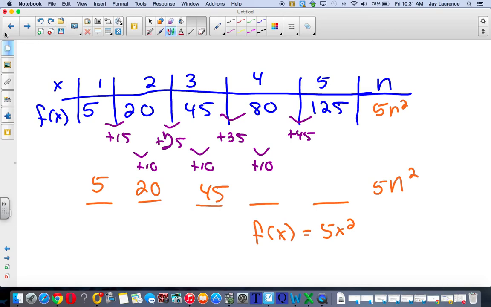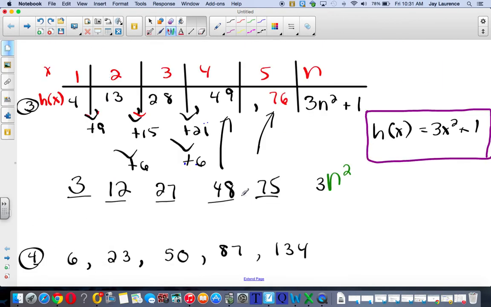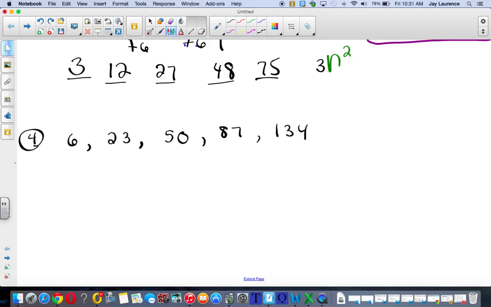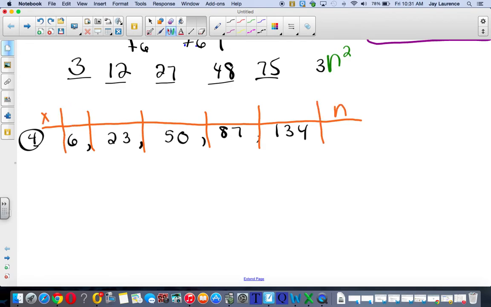All right? Now, this one here, number 4, is kind of tricky. Let's see what happens here. I really like it. I love learning new things. And this is something new to me. All right, so there's x, and let's call this g of x.